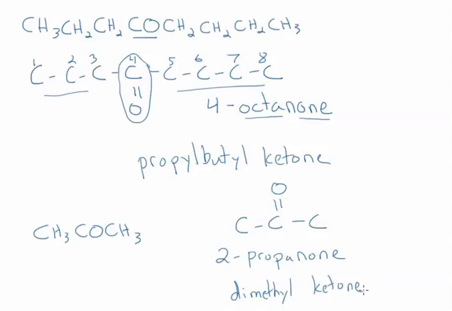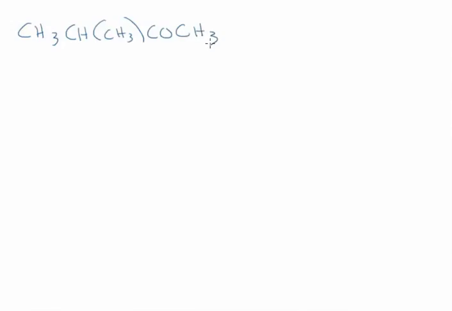Let's do another example, one more. So in this example, we have another branch off of our chain. When we expand it, we see that there's a methyl group there. Using IUPAC naming, we would number it this way: 1, 2, 3, 4.